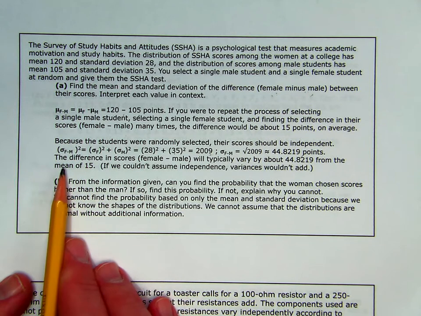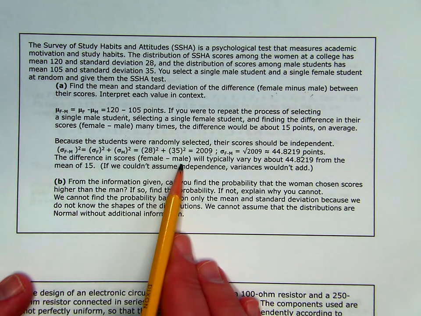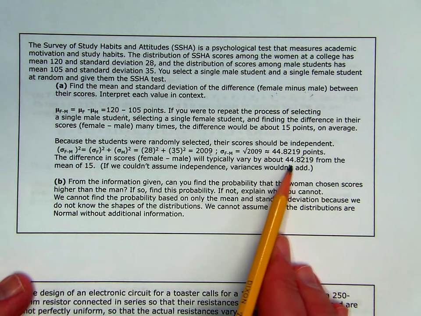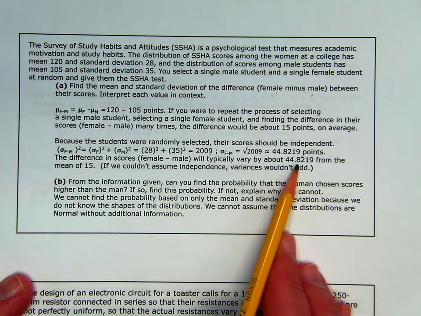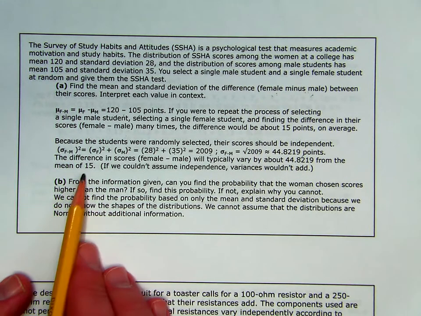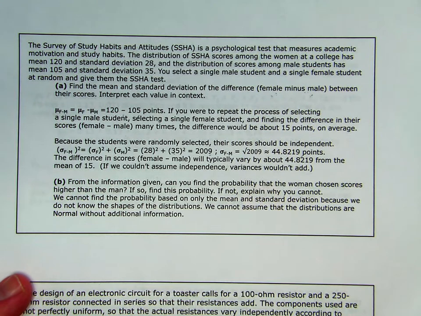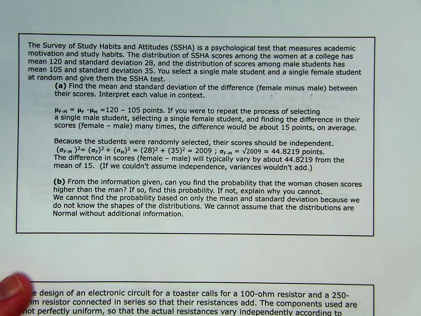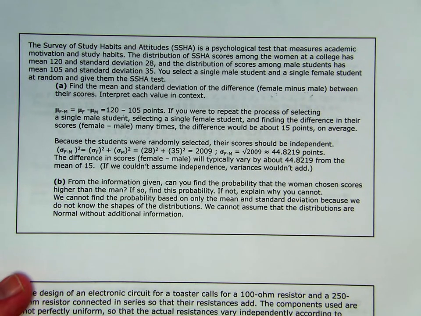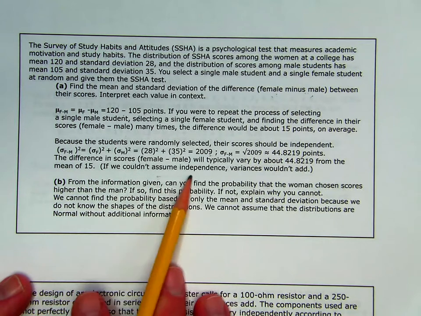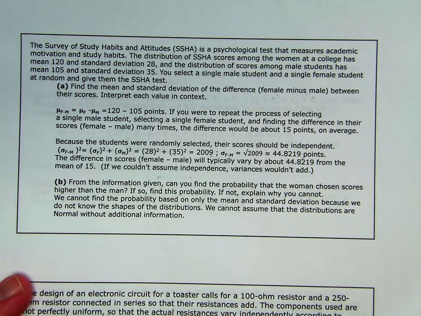Its interpretation: the difference in scores, female minus male, will typically vary by about 44.8 from the mean of 15. And then if you wanted to emphasize to the reader of the question that you understand an important fact, if we didn't assume the independence, then the variances wouldn't add.